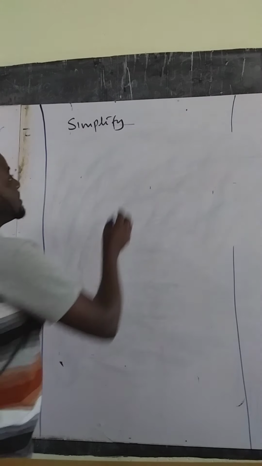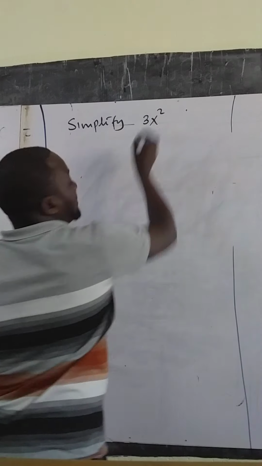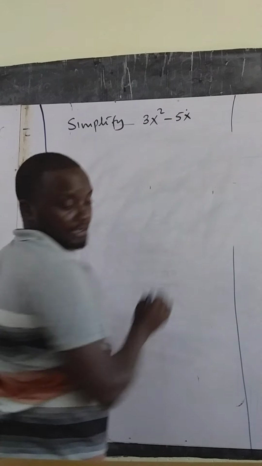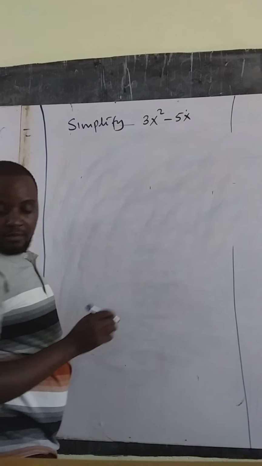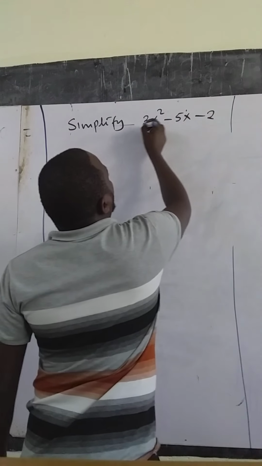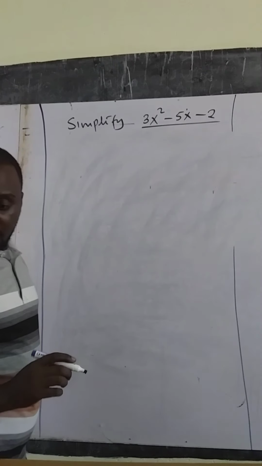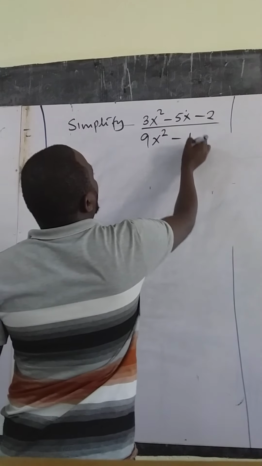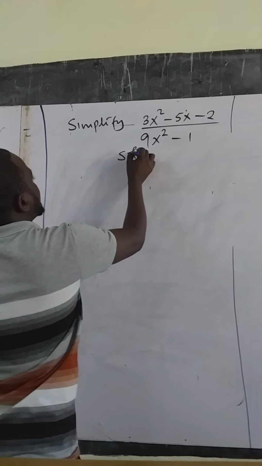You are given 3x squared minus 5x minus 2 over 9x squared minus 1. We find the solution.